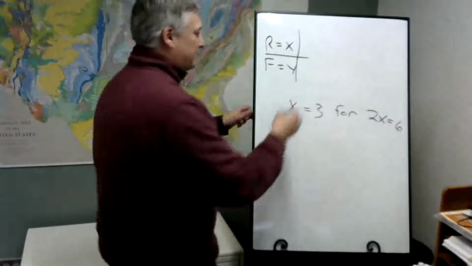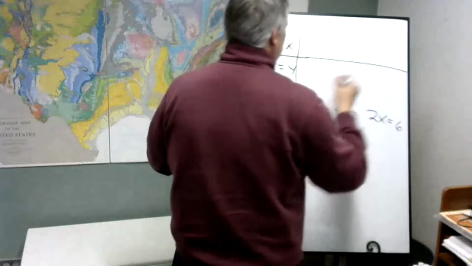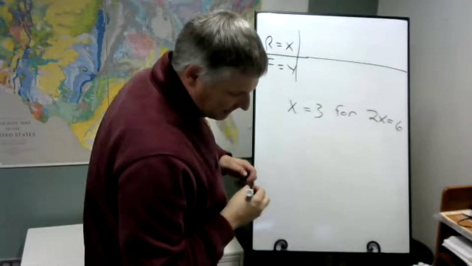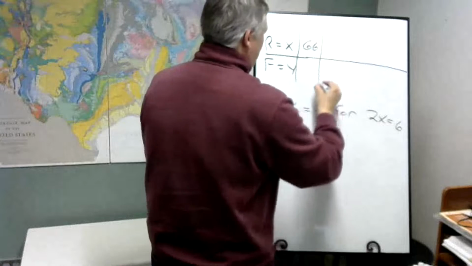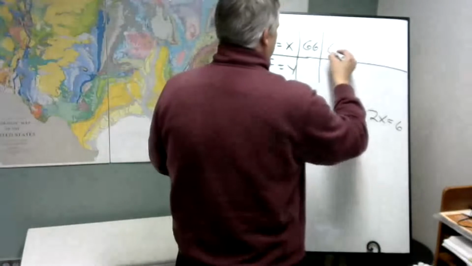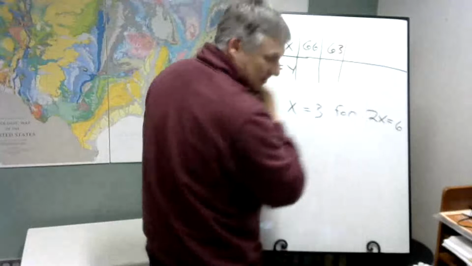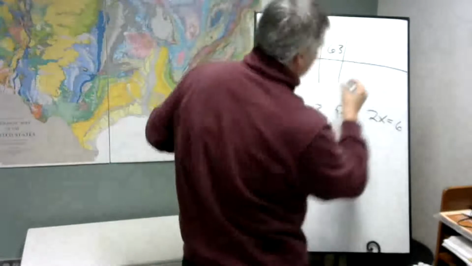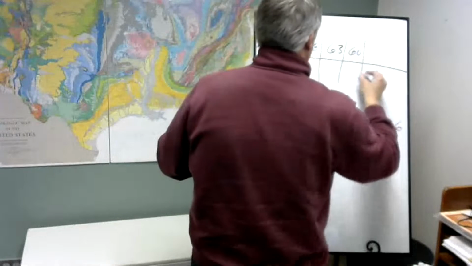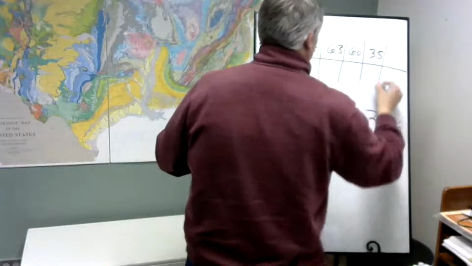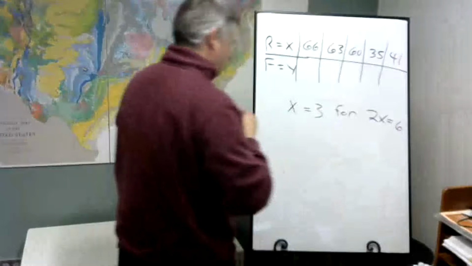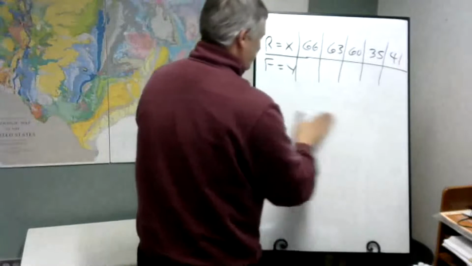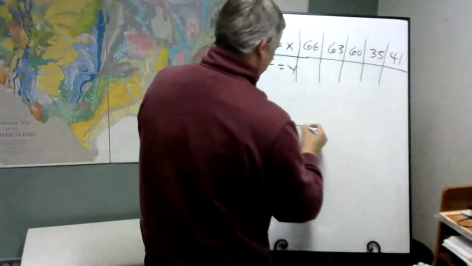Now I'm going to put up here something a little unusual. And I'm going to put up temperatures for x. And what we're going to see is that x can represent all these temperatures. I'm going to continue the chart down here.